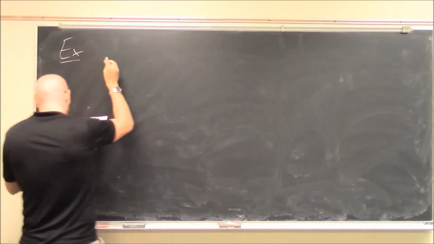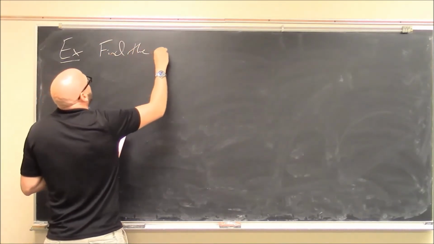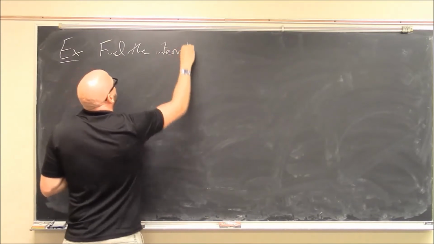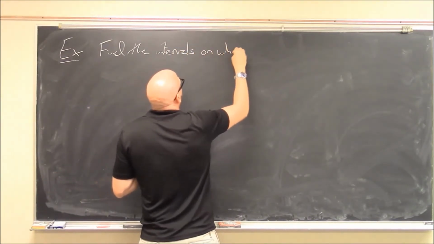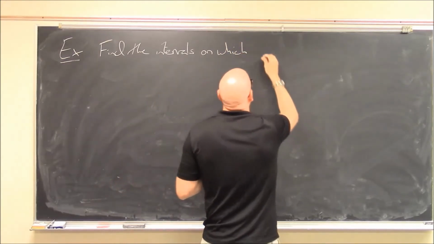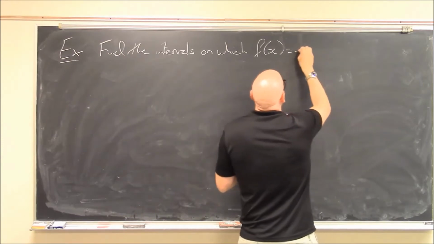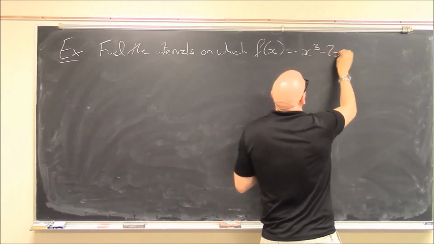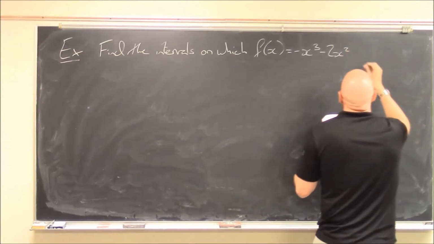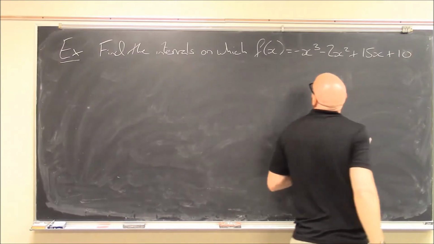Alright, for example, find the intervals on which f of x, so our function is going to be minus x cubed minus 2x squared plus 15x plus 10.